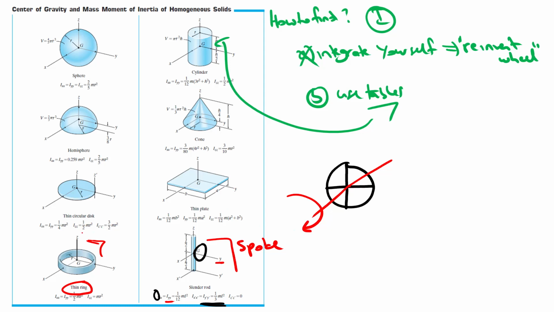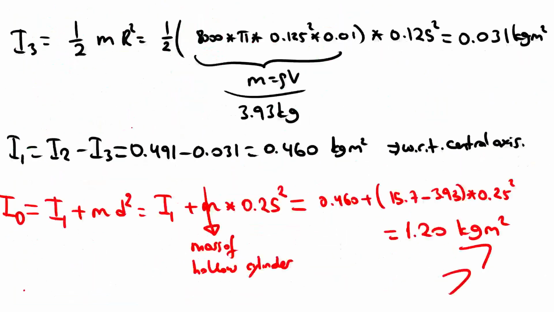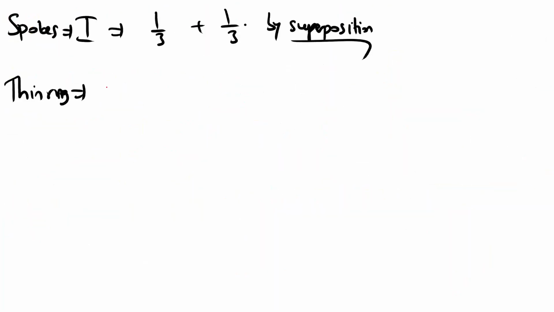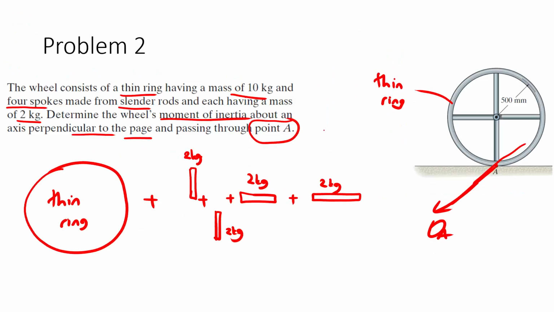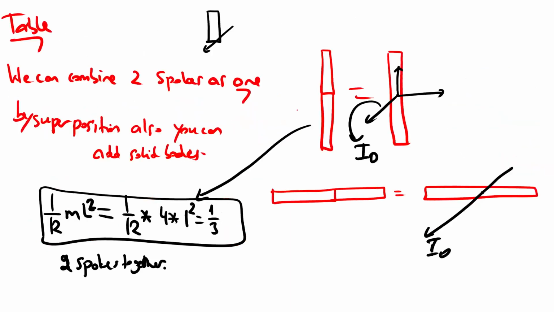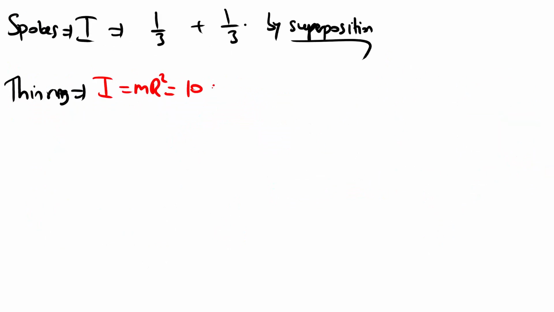That's the reason we have to take the z-axis, which is m r squared. The mass of the ring is 10, R is 500, so it will be 10 times 0.5 squared. That will be 2.5 kg meter squared.